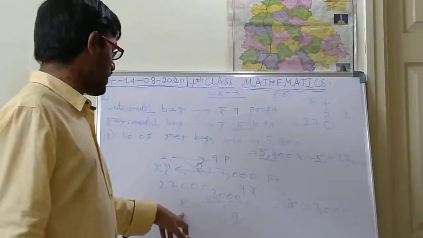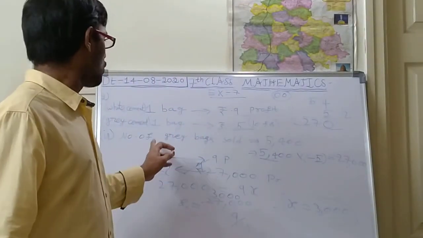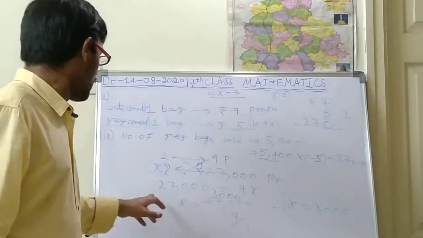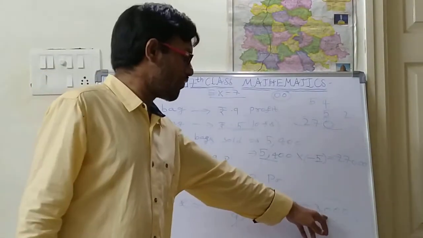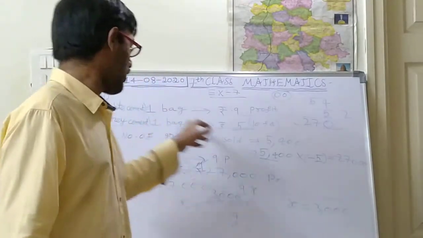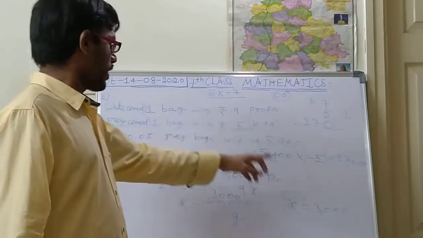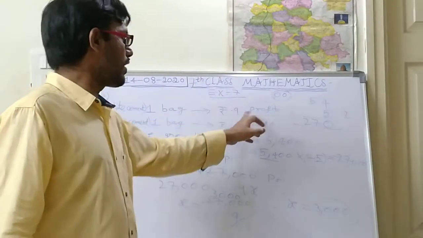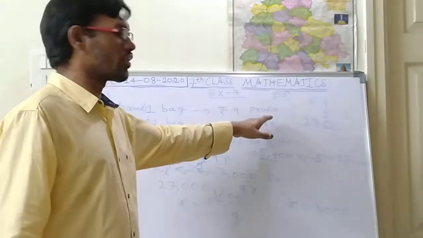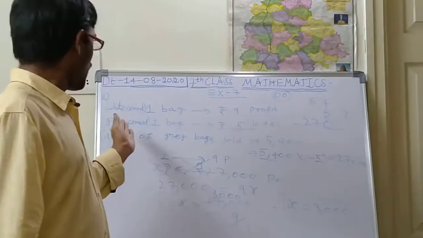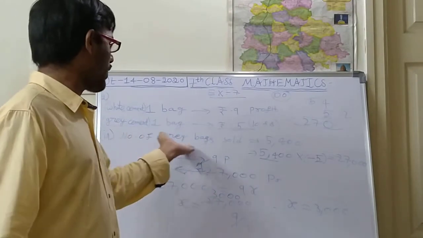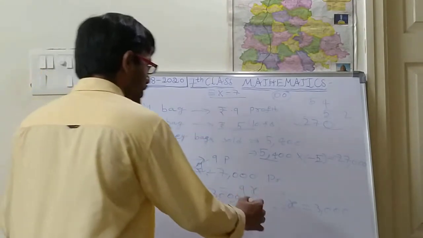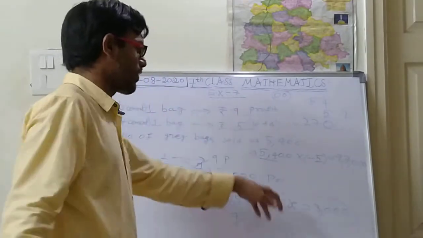So what is x here? x is the total number of white cement bags. If we sell 3,000 white cement bags, then he will be getting 27,000 as a profit. So 3 into 9, 27,000.